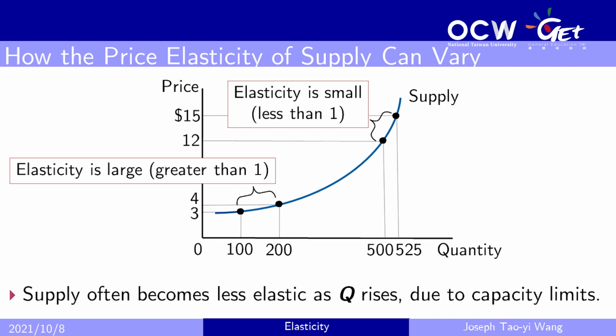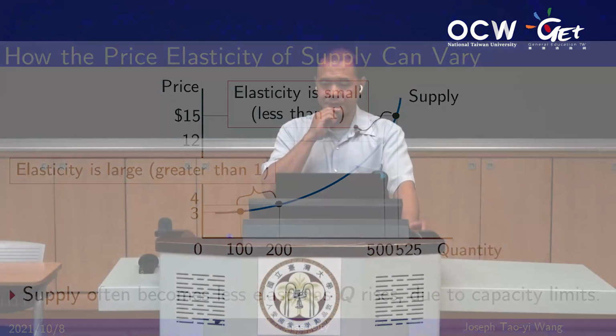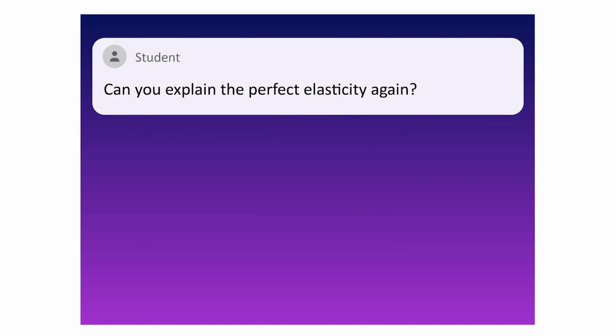That's usually not true. And in chapter 2, when we talked about the PPF, we also said that because of opportunity costs and comparative advantage within a society, the PPF is usually not a straight line but curved.